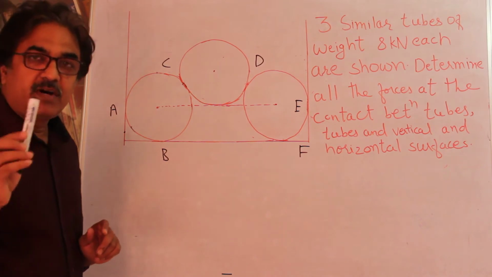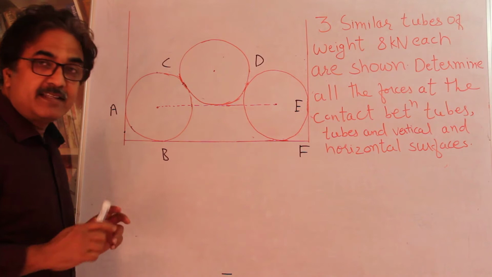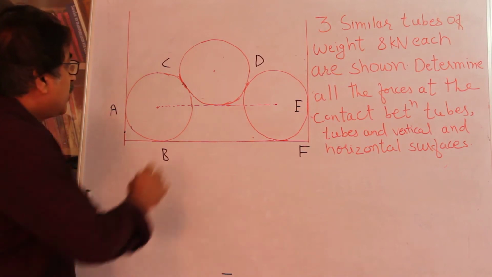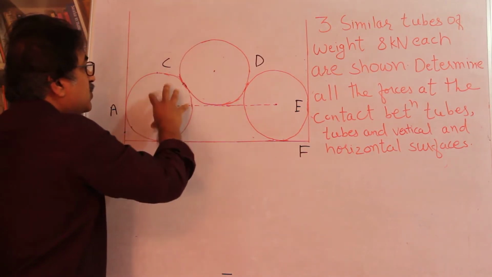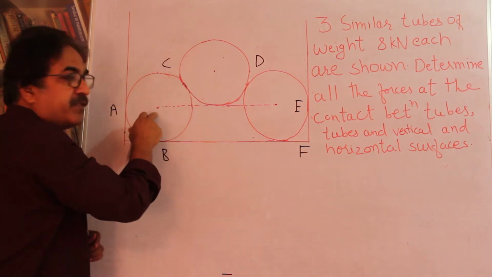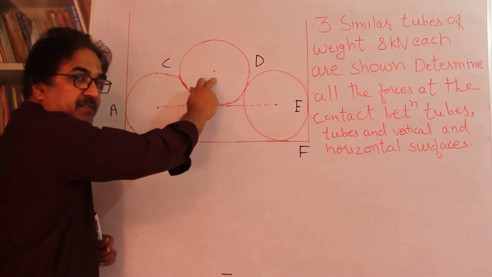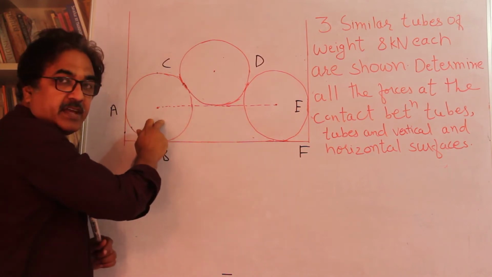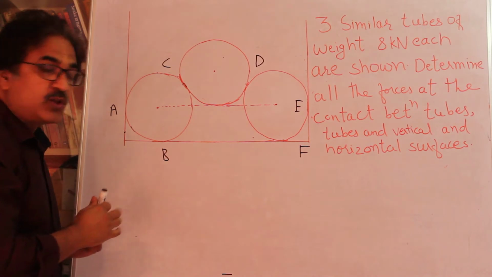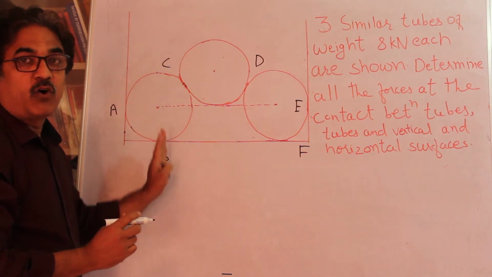I hope you have paused the video and thought about it. So the thing is, it's not. Why? Because this tube is also sharing some of its weight on this. This tube is supported by this tube and this tube. That means part of this weight is transferred here, and that is also to be considered while you consider the normal force.